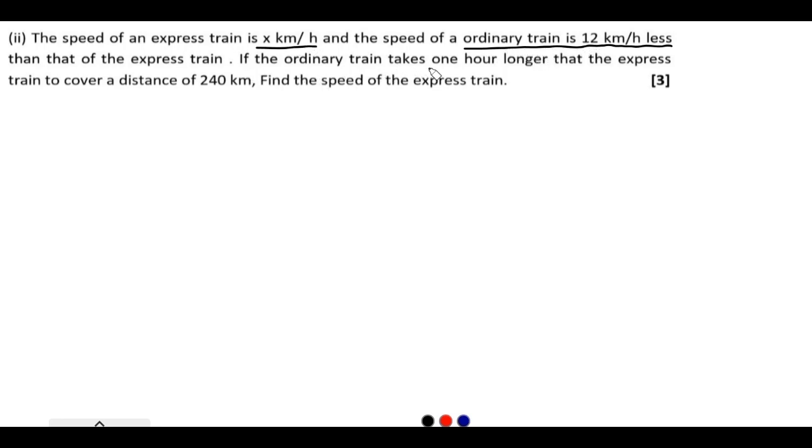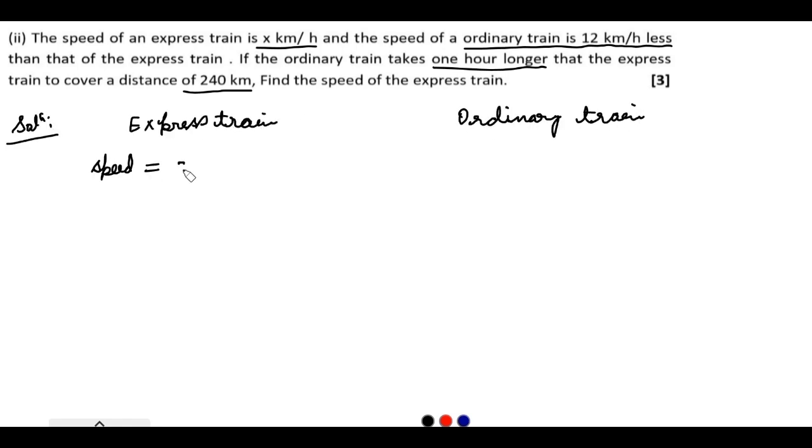If the ordinary train takes 1 hour longer than the express train to cover a distance of 240 km, find the speed of the express train. Now, the express train is x km per hour and the ordinary train is x minus 12 because 12 less than the express train. Now, distance for both trains is 240.